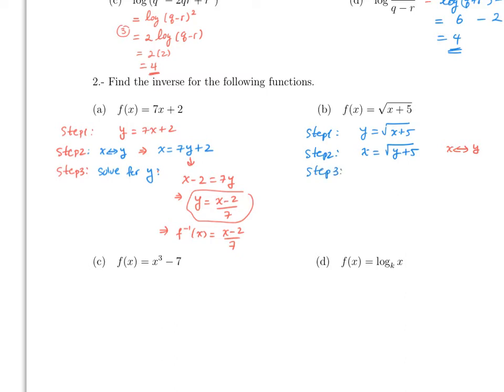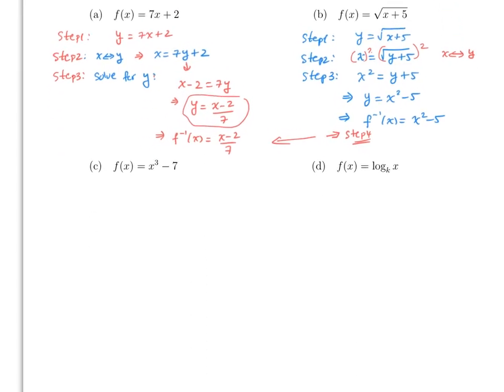And then step 3, solve for y. Well, how do we solve for y? Square both sides. Okay, so you square this one, square this one. And then you solve for y. Y is going to be x squared minus 5. So therefore, f inverse is just the result from step 3. And I guess you could call this a step 4 if you want to, but it's not really needed.